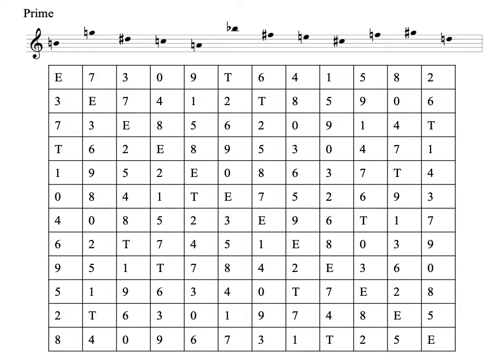Remember those? And I'm saying, well, B is 11, always and forever. And C is 0, always and forever. And C sharp is 1, always and forever. And I'm setting it up that way so that when I do this, I'm giving every pitch in the prime row its fixed 0 name.